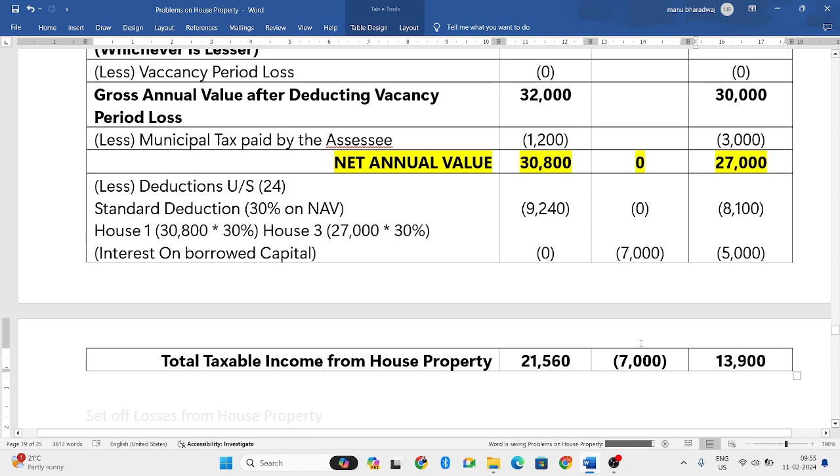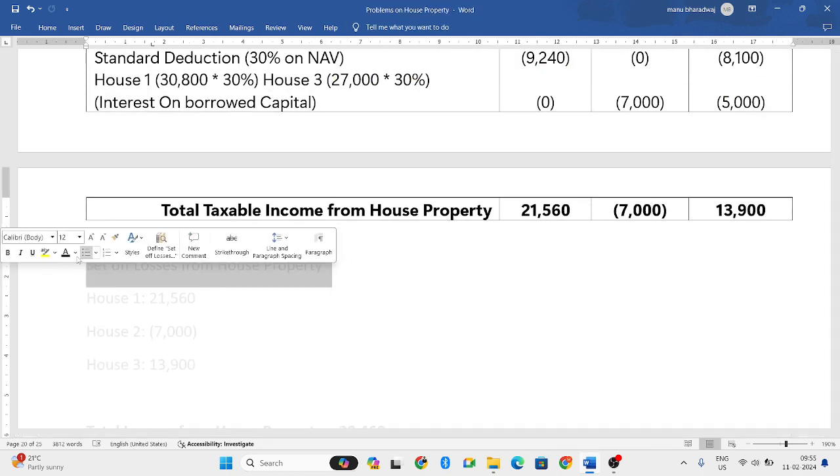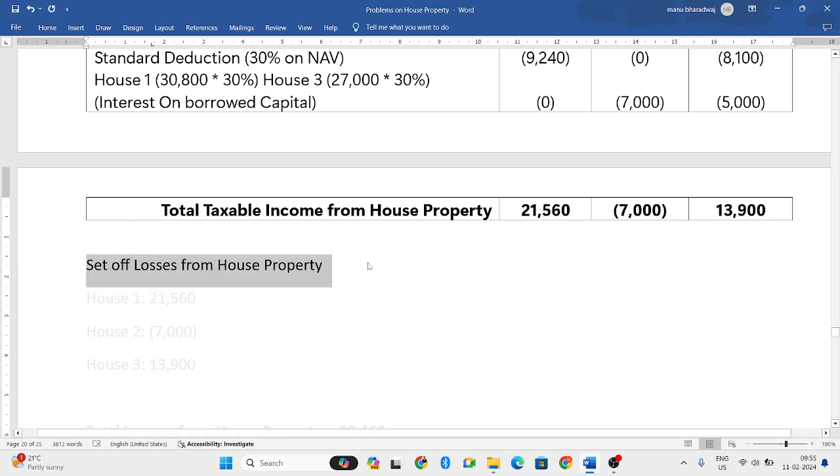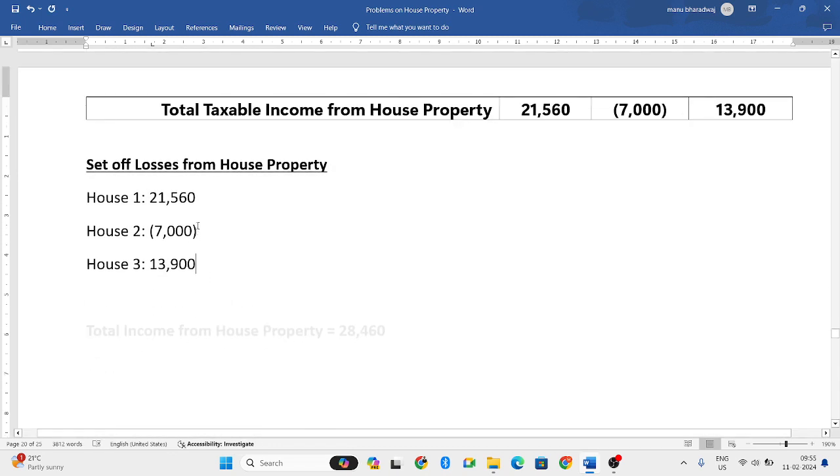From two houses we have profit, and from one house we have loss. Now we have to set off the losses from house property. This is known as setting off the loss from house property. So first write the profit or loss whatever each house has got. From house 1 we have got 21,560 as profit. From house 2 we have got 7,000 loss. From house 3 we have got 13,900.